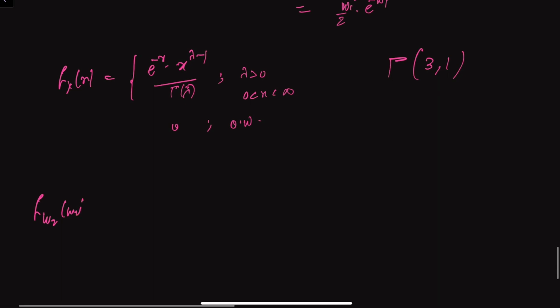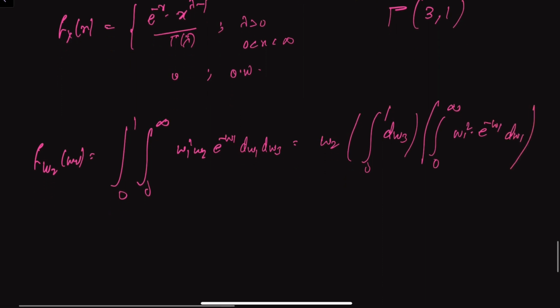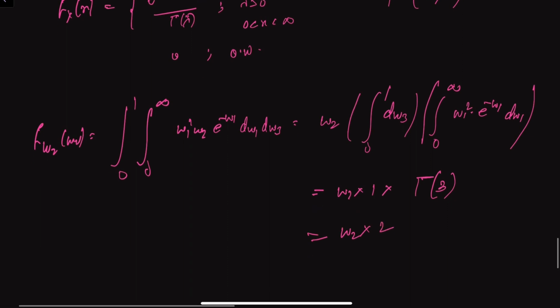Now for the second case, integrating over w3 from 0 to 1 and w1 from 0 to infinity, of w1 square w2 e to the power minus w1. That is w2 times the integral from 0 to 1 of dw3, times the integral from 0 to infinity of w1 square e to the power minus w1 dw1. This is 1, and this is gamma of 3, which is 3 minus 1 factorial, that is 2.